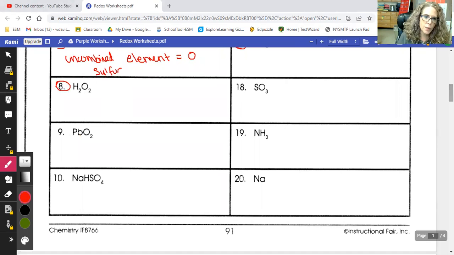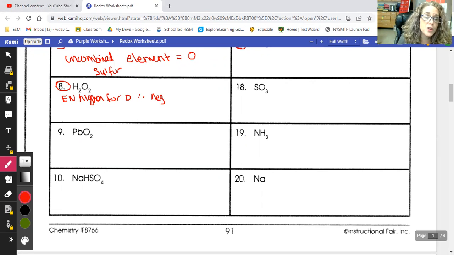All right, so let me just scroll down here. Here we have our hydrogen and oxygen. I said this was going to be an exception to oxygen being negative. Hydrogen and oxygen, if I look at electronegativity, the electronegativity is going to be higher for oxygen, and therefore it's going to be negative.